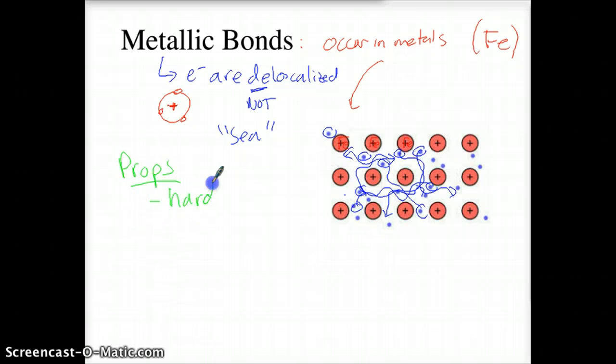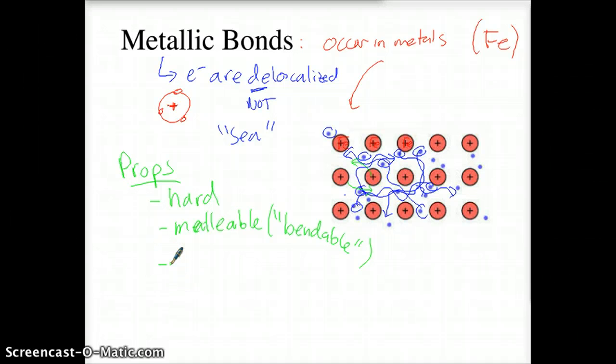They're very hard because the metal atoms are very rigid in their structure. Okay, but often they are malleable, which means they're bendable, a word that we need to know. Metals are bendable because while these electrons can move around, that provides some opportunity for the metal atoms to slide by each other a little bit, which allows a metal to bend.